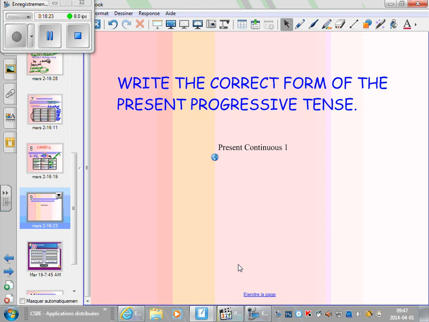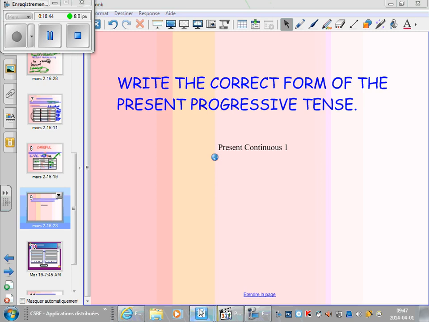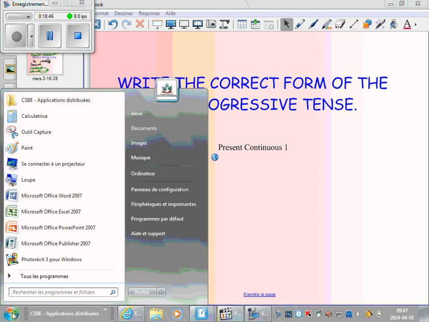For this one, we don't have the same one. So we're just going to use the documents that we have in our hands. Okay? The first one you see here is I study. So you have to change it. You have to adapt it to present progressive. So how to change it?